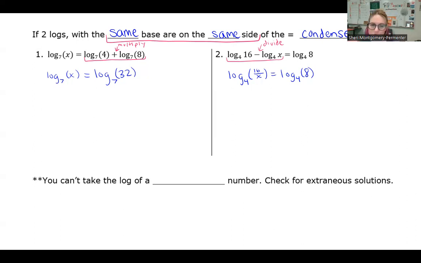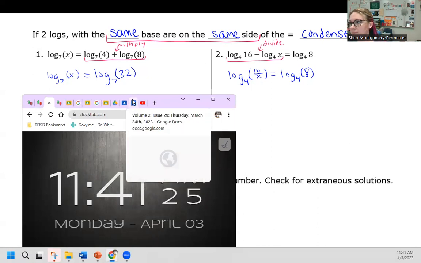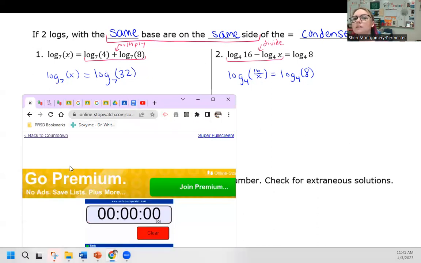And then I'm going to give you 2 minutes because I want to see if you can do it. Just condensing. We're not even to solving yet. We're just condensing. The ones on the homework.